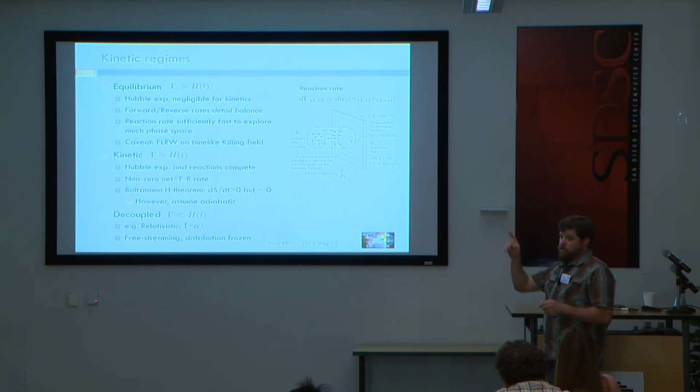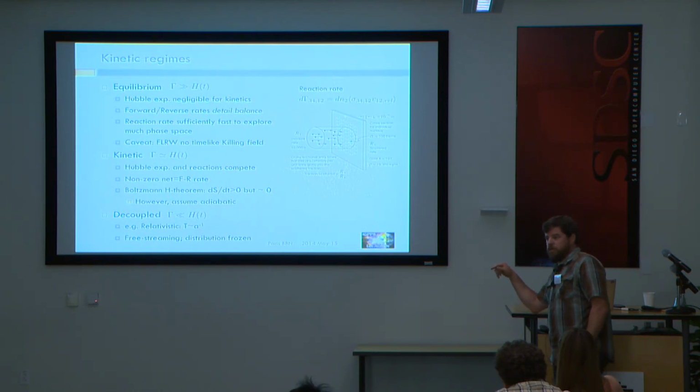So there's no way to move along a time-like curve and have the metric be the same. That's all it means. What that turns out to mean is that there are no equilibrium distributions in general in the FLRW metric. Fortunately, deviations from equilibrium are second order small in deviations from the equilibrium distributions. So if you're moving slow enough, you should be okay. And most of the time, I think that's true.